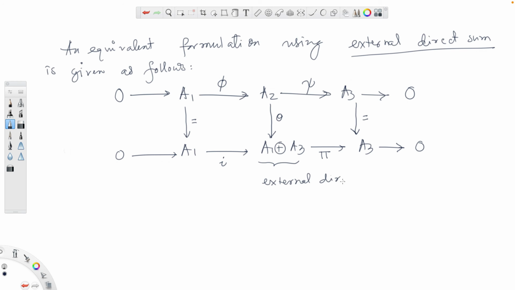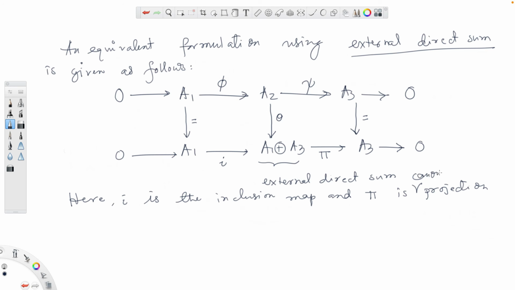Here i is the inclusion map, and pi is the canonical projection onto the second factor.